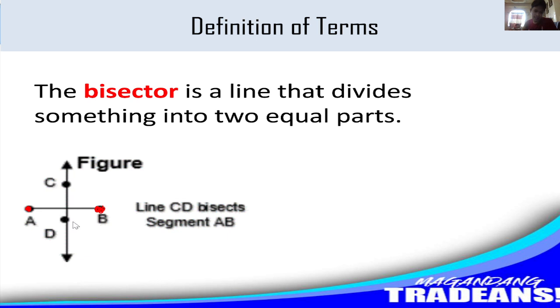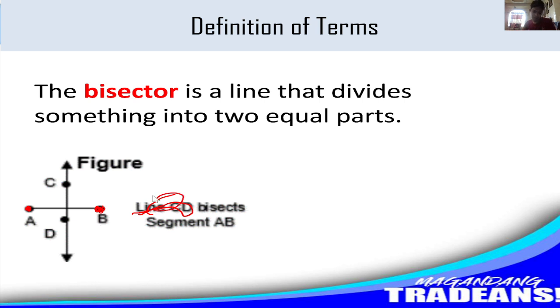So this line CD here bisects the segment AB. Ibig sabihin po, si AB nahati ng dalawang beses gamit ang tinatawag nating line CD. And line CD is a bisector.